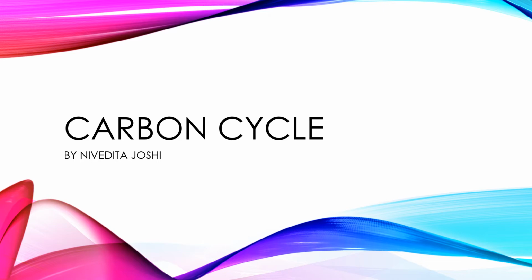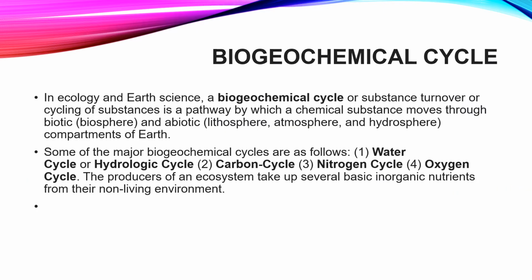So let's see what biogeochemical cycles are. This cycle, or substance turnover or cycling of substances, is a pathway by which a chemical substance moves through biotic and abiotic components of the earth.